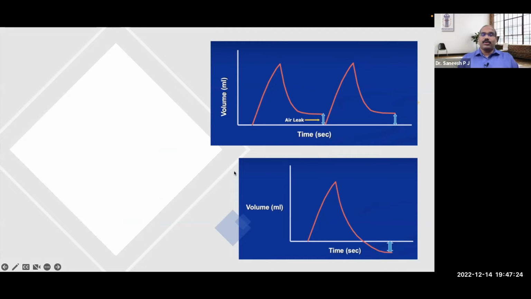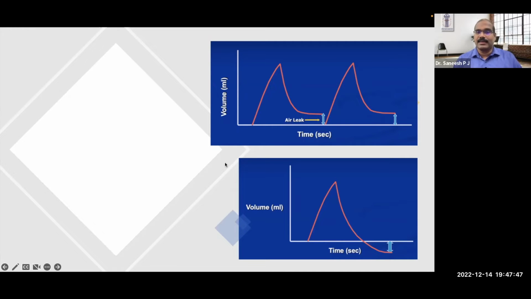Okay, now how is it going to help you? When you look at the volume versus time, if you find the exhalation curve is not touching the baseline and suddenly drops with a vertical line and proceeds to the next breath cycle, what does it indicate? That indicates air leak.